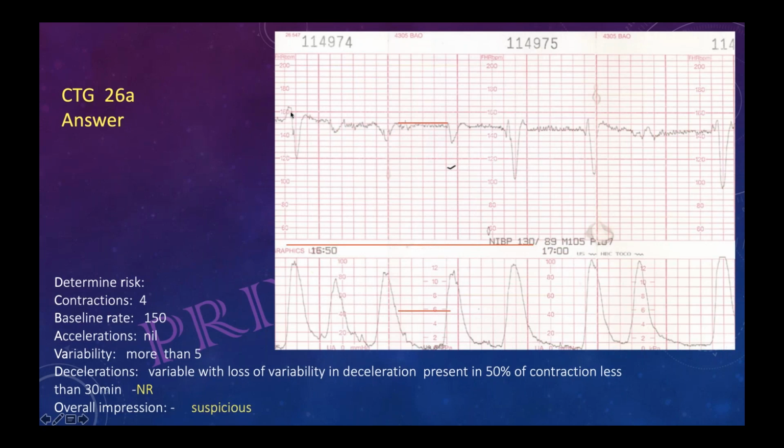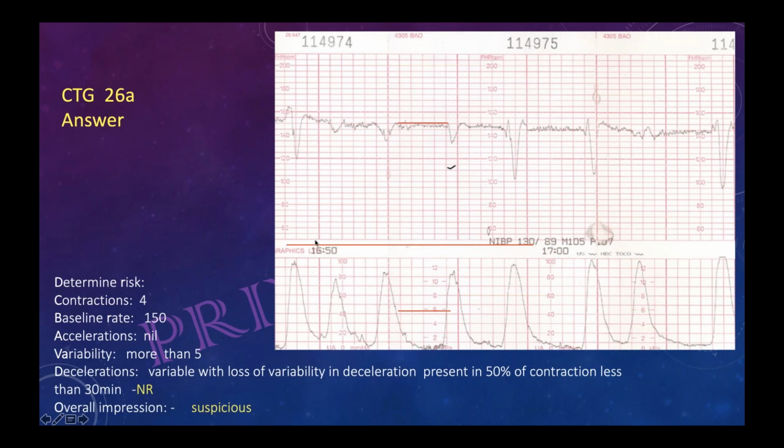Because there is loss of variability in the decelerations, but less than 30 minutes, it becomes an NR feature. But if the same trace is there and it is more than 30 minutes, then this will become an abnormal feature, and the CTG will become pathological.